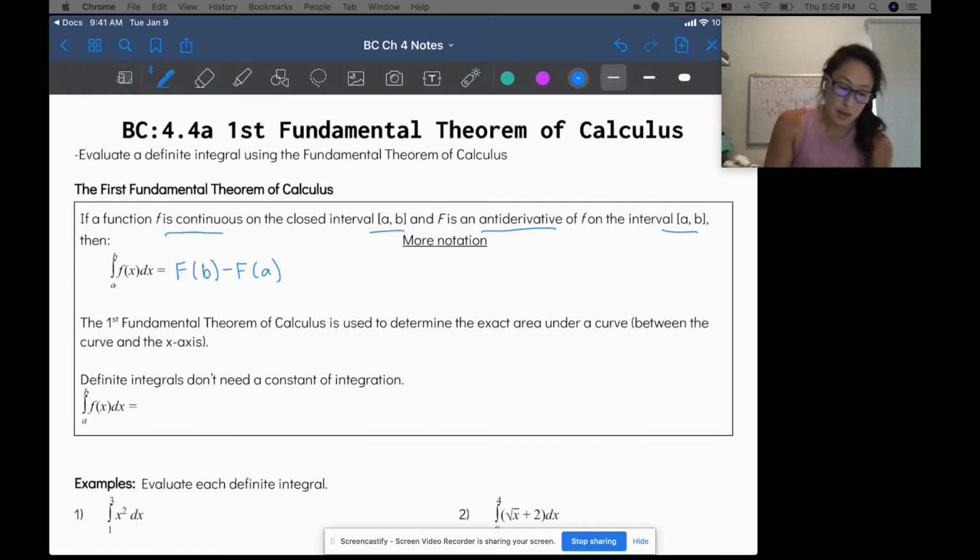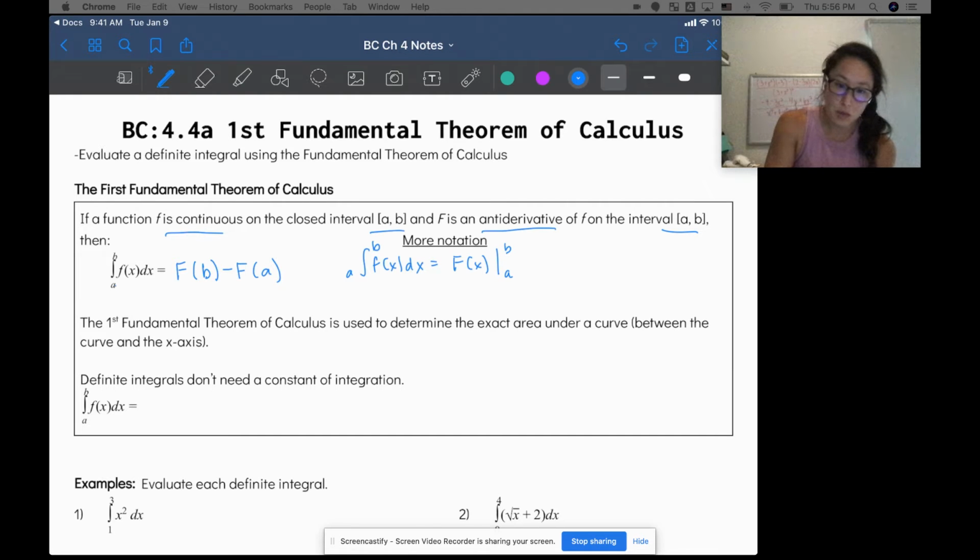That's it. So, more notation. This is how we write it: the integral from a to b of f of x dx, we would say that F is the antiderivative function, and we're going to evaluate it from a to b.